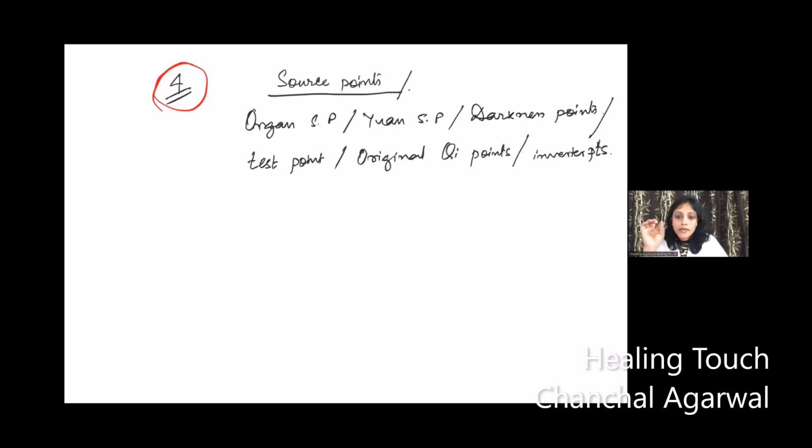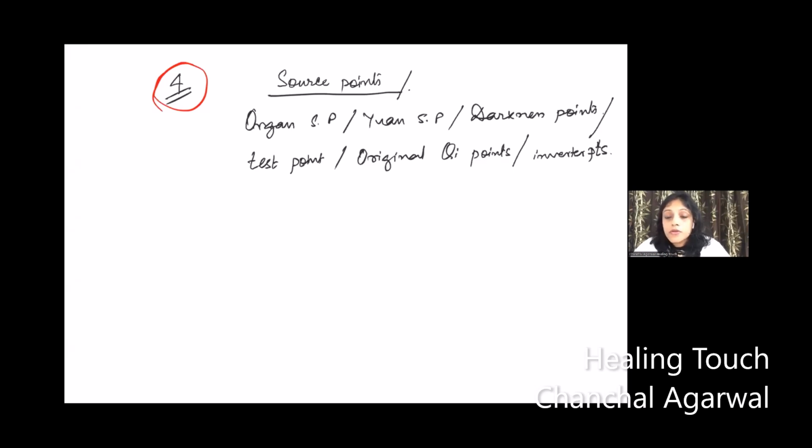So each meridian has one container which collects the original Qi in it, and that is nothing but the organ source point. This is the source of energy. You may say it's a storehouse. That is what is called inverter point. Inverter means which will supply energy when the electricity is gone.